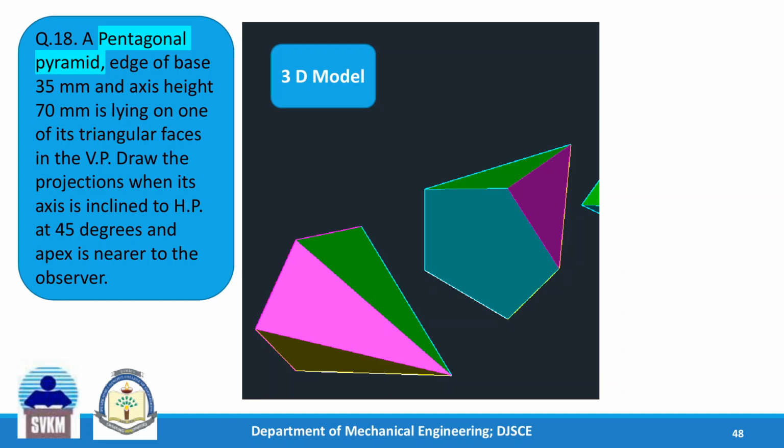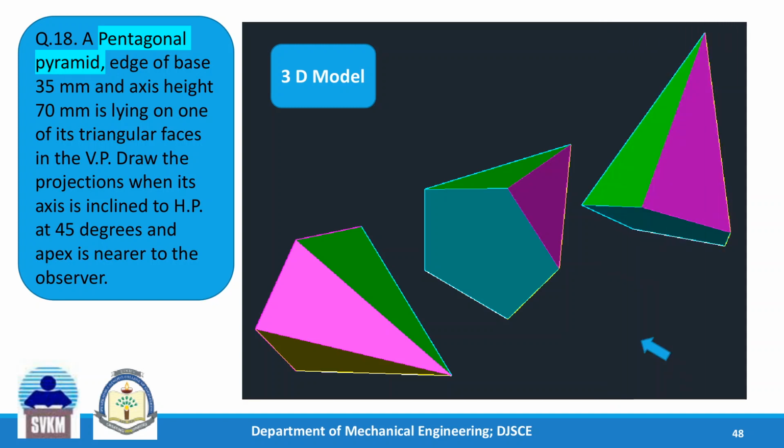Third step, axis makes an angle of 45 degrees with HP. Now with the axis making 45 degrees with HP, we have reoriented it so that the axis makes 45 degrees with HP and apex is nearer to the observer. This is also important. Apex is nearer to the observer. So let us see the solution now for this sum. This is the model.